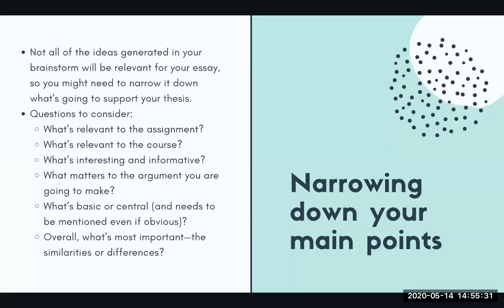If you don't see any indication that the professor wants you to focus on similarities, they only want you to talk about the differences, then don't mention what the two topics have in common. Mention how they are different, and only talk about that. So again, it always comes back to your essay prompt and making sure that you understand what it's asking for, so that way your essay best reflects that.